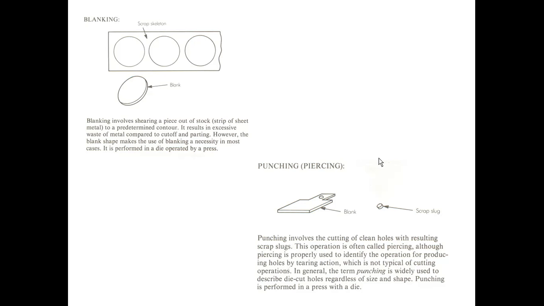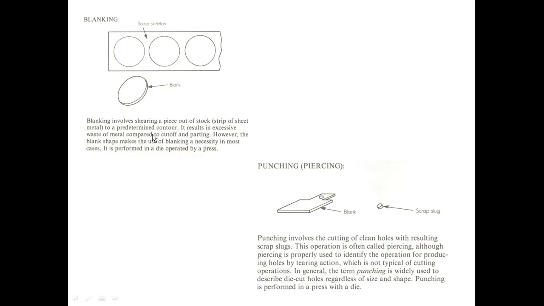So let us see the first operation, that is the blanking operation. You can observe the sheet metal, and you are cutting a circular component from it. The part which is cut from the strip metal or sheet metal, that is the required one, is called the blank.